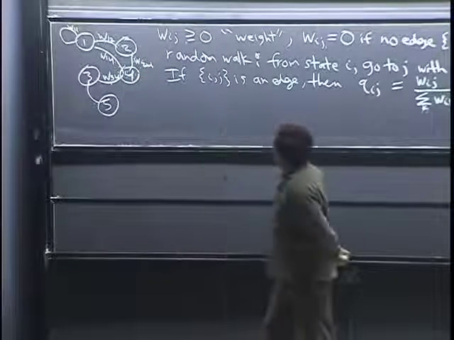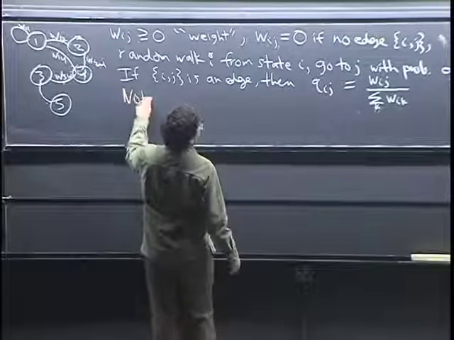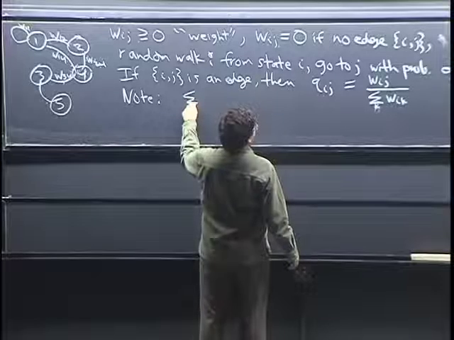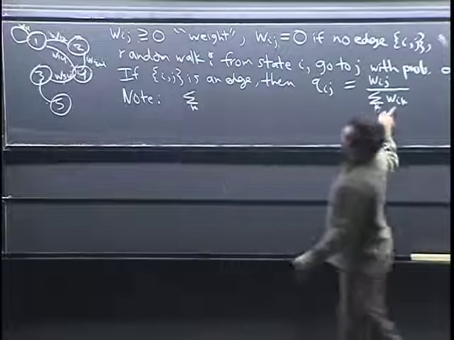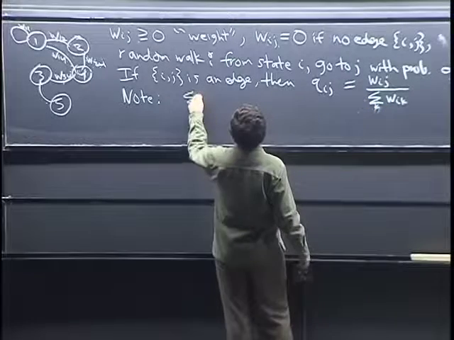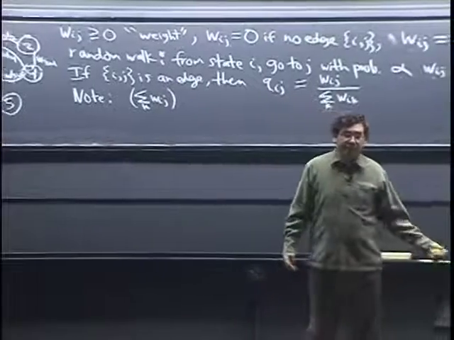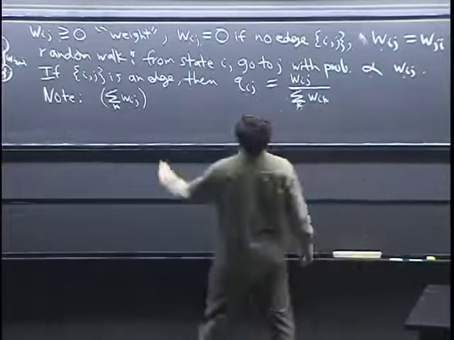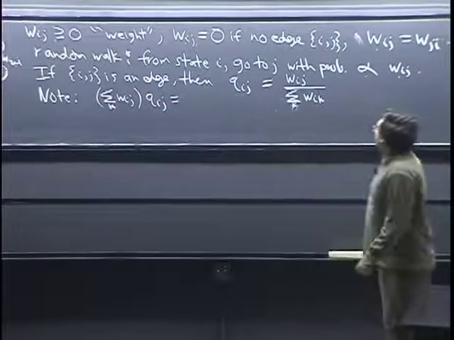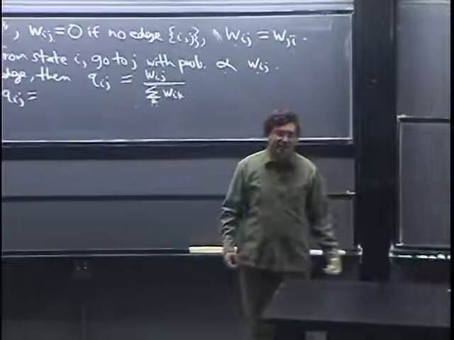So if we do that, notice that if we take the sum over all k of Wik, that's the generalization of degree to the weighted case. And if we multiply by Qij, then that just cancels the denominator, which is why I chose that.